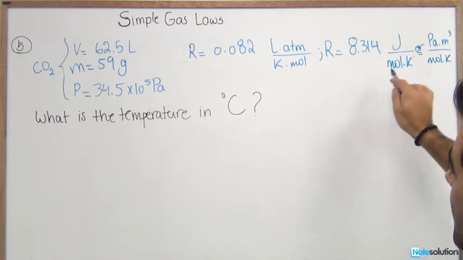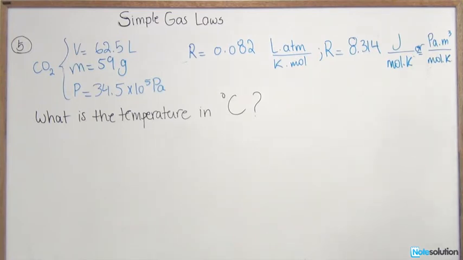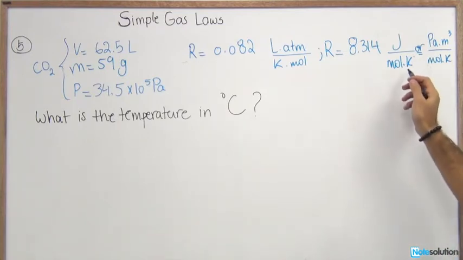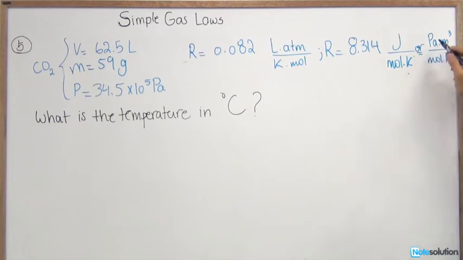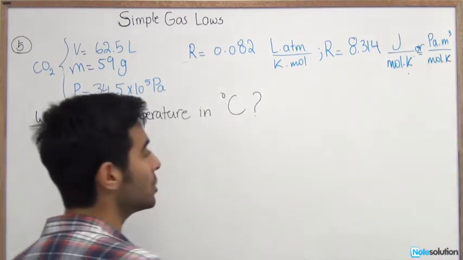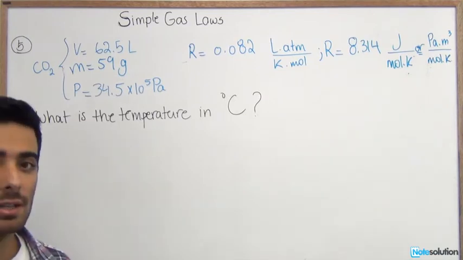In this question they gave us both R's: 0.082 liter atmosphere per Kelvin mole, and 8.314 joules over mole Kelvin, or 8.314 Pascal multiplied by meter cubed over mole Kelvin. So the question is, what is the temperature in Celsius?